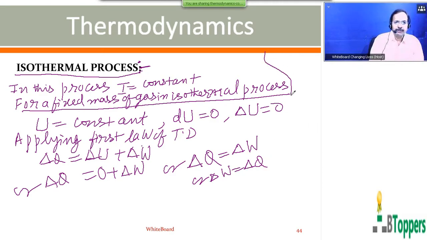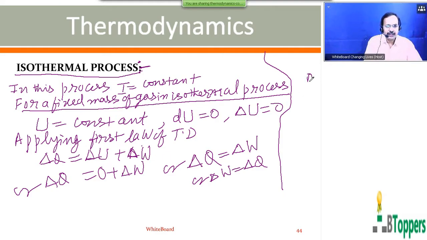As I told you earlier when I discussed work done by gas, whenever the volume of a gas increases in any process, we can say that work is done by the gas. Delta W is positive in the equation of the first law of thermodynamics.